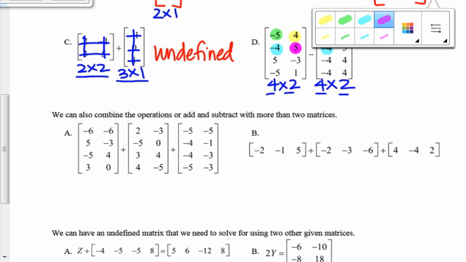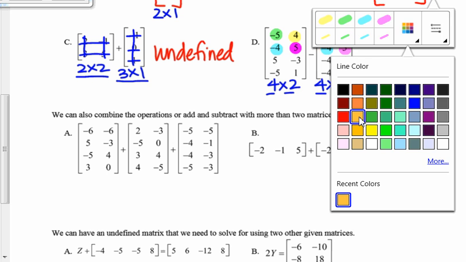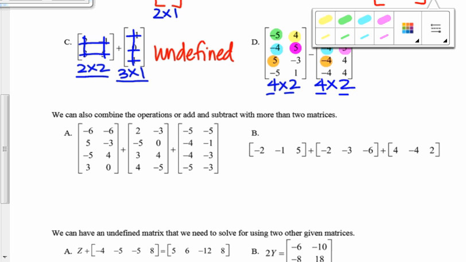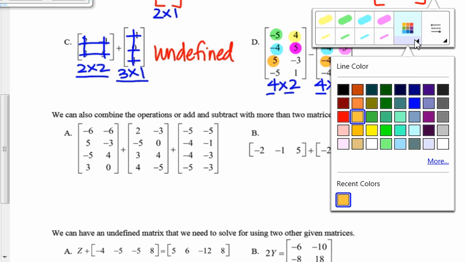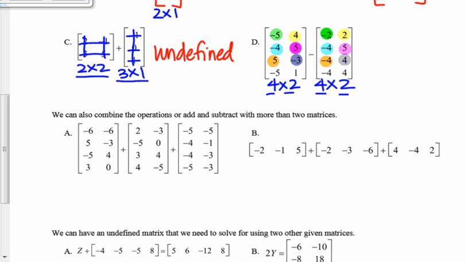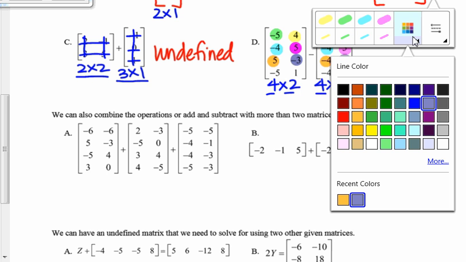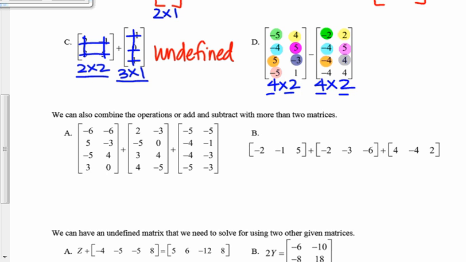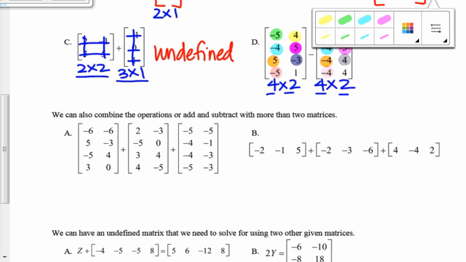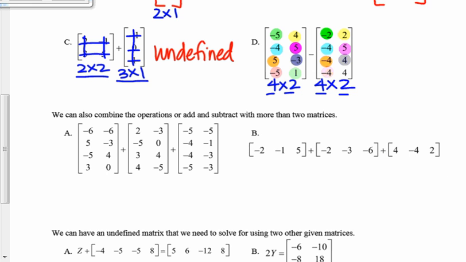I'm going to run out of colors here. There we go. All right. Every color I'm adding or subtracting together. So my resulting matrix is going to be another 4 by 2.